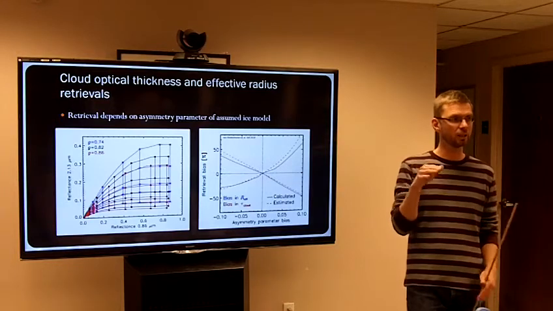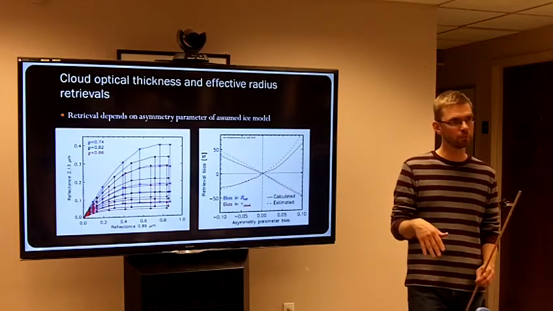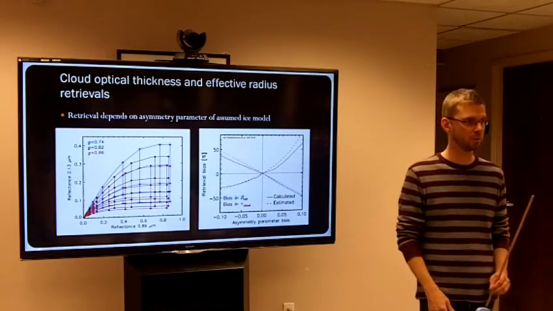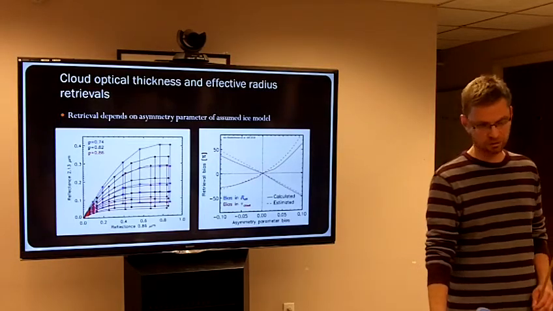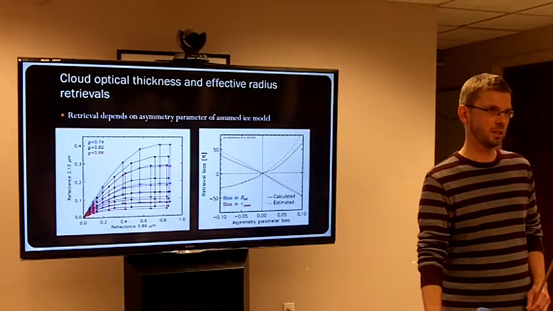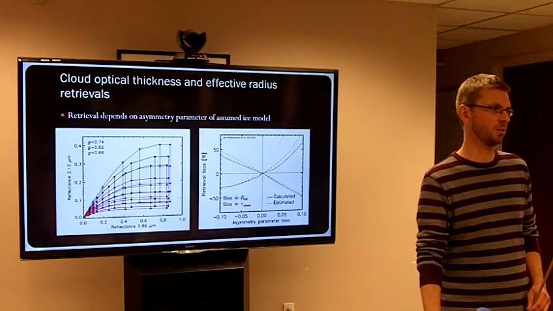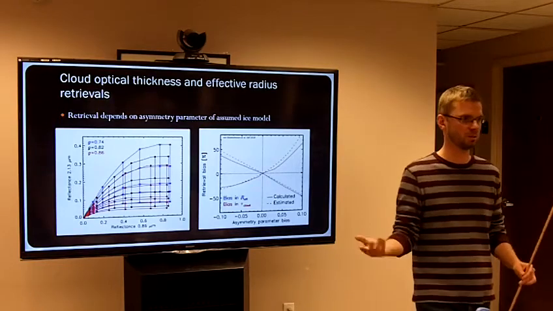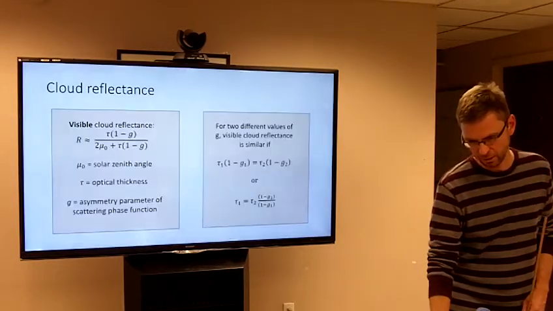I think you were talking about longwave scattering, though. No, that was a different part. Well, it was about all wavelengths basically. It's this similarity parameter, which is also valid in the shortwave.